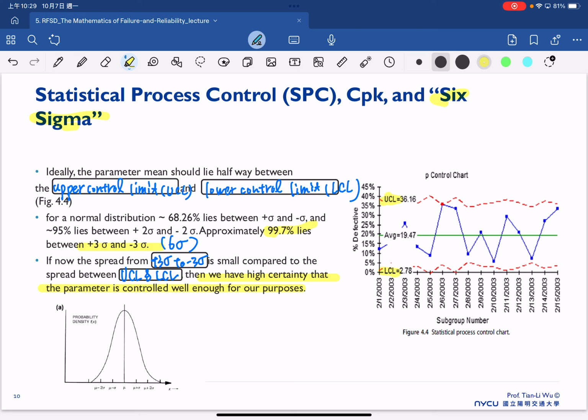So what does this mean? This means we consider this distribution function.